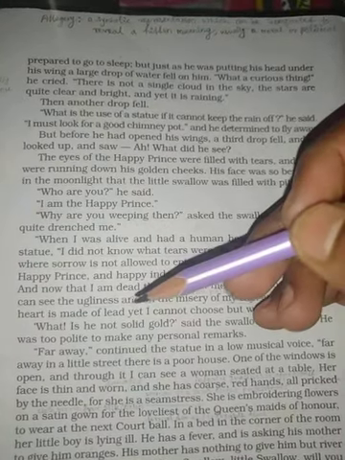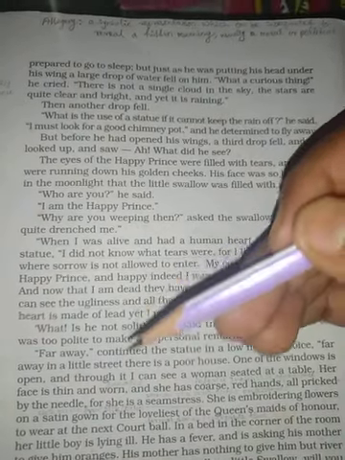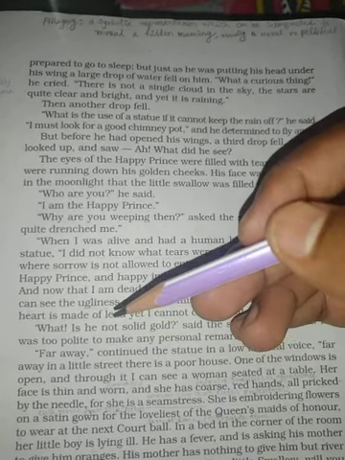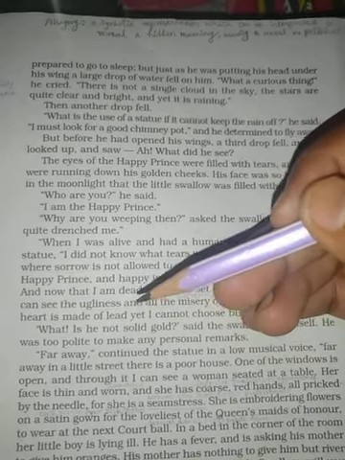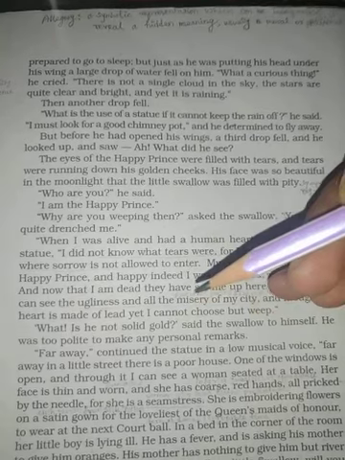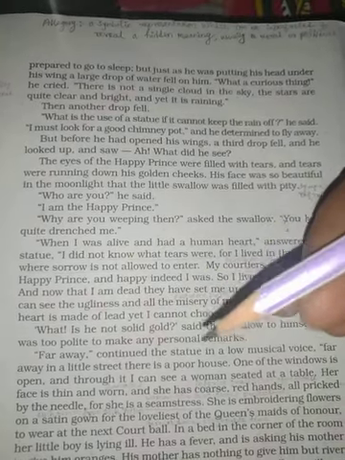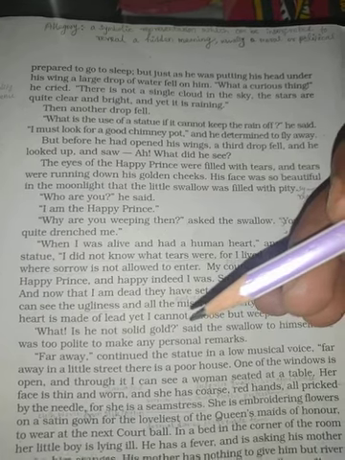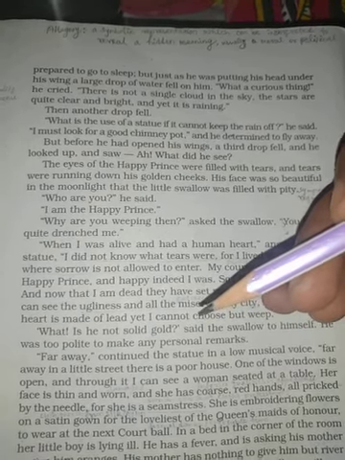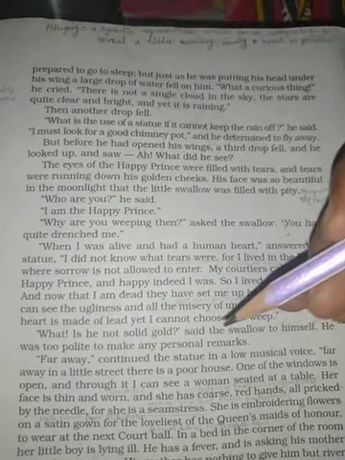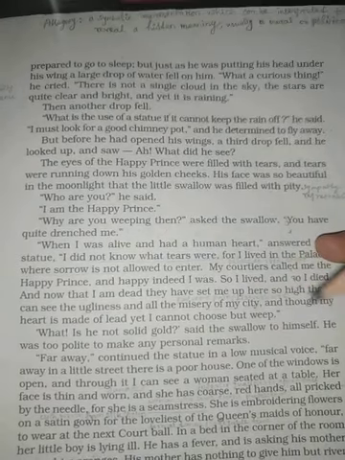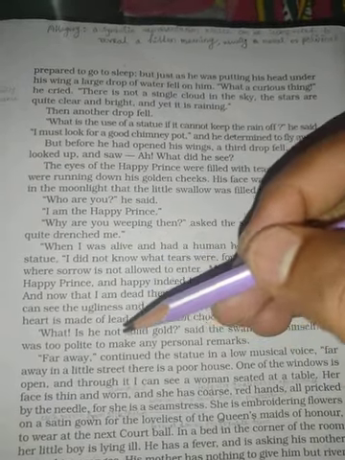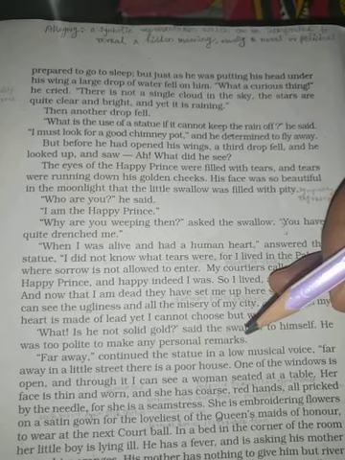With exclamation, the swallow asks, is he not solid gold? He talks to himself. It means he is made of gold but is not solid, not strong. He was too polite to make any personal remarks.